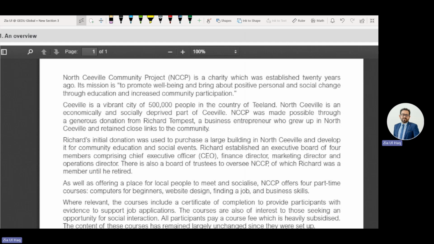North Civil Community Project, NCCP, is a charity which was established 20 years ago. Its mission is to promote well-being and bring about positive personal and social change through education and encourage community participation. Promoting well-being through education and community participation. In simple words, this is their mission.